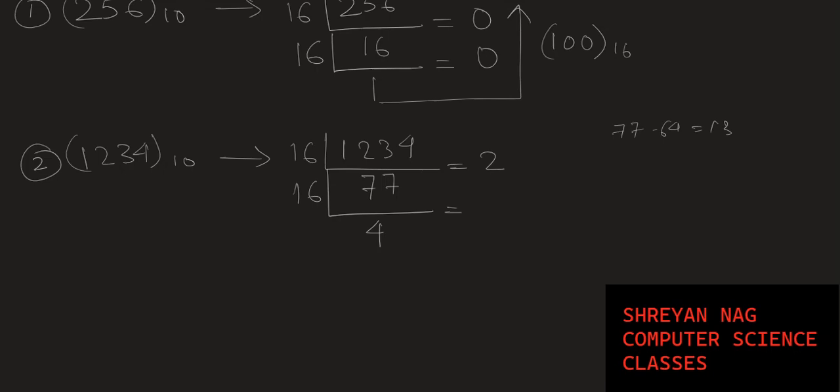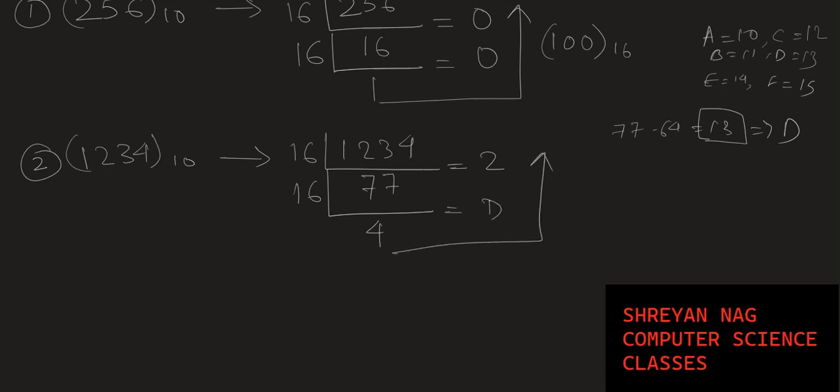Now what we have learned before is that we can't represent 13 like that, so we need to represent it in the form of letters. a equals 10, b equals 11, c equals 12, d equals 13, e equals 14, and f equals 15. So 13 can be written as d. So from the bottom to top, 4d2 base 16.